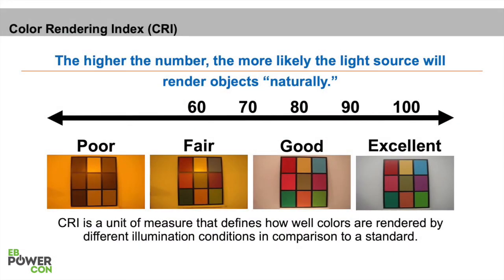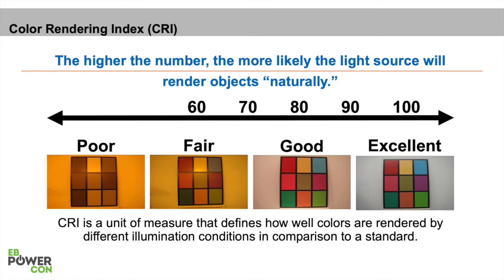This again is color rendering index. Okay, so if you take a look at the color rendering index, it ranges from 0 to 100, 100 being the best, most natural lighting available.